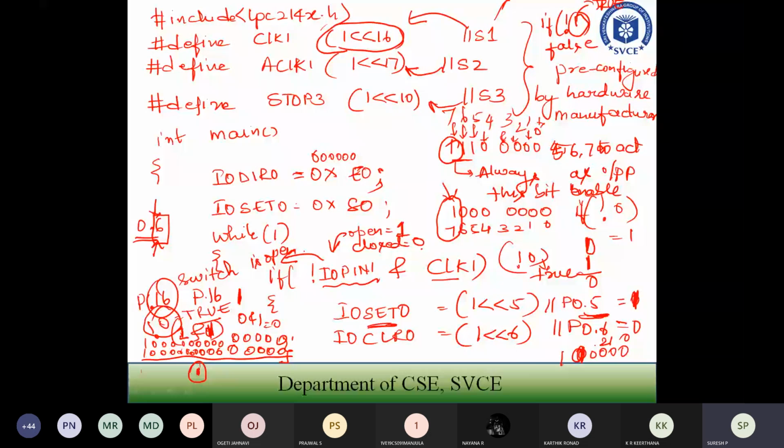Then your motor will start rotating in the clockwise direction. Similarly, the port which controls your switch for the anti-clockwise direction is port 7.